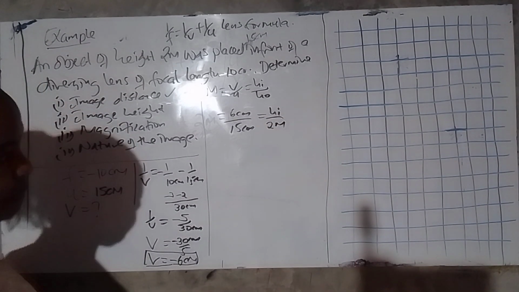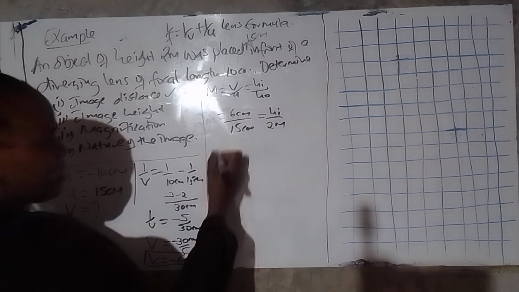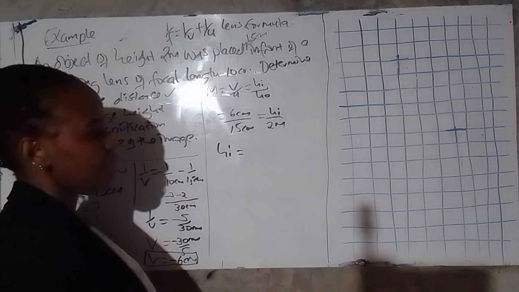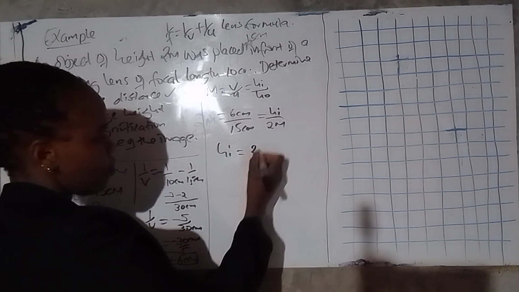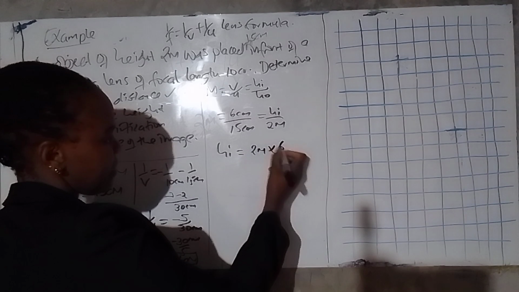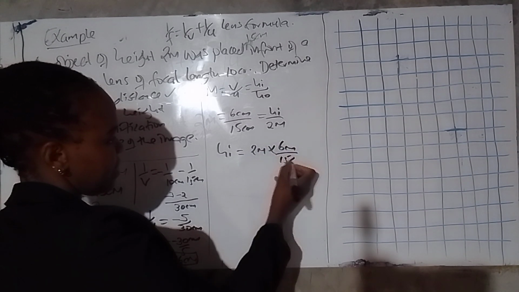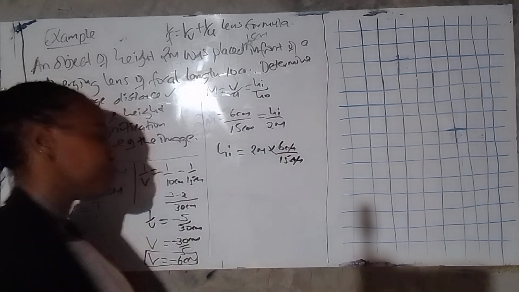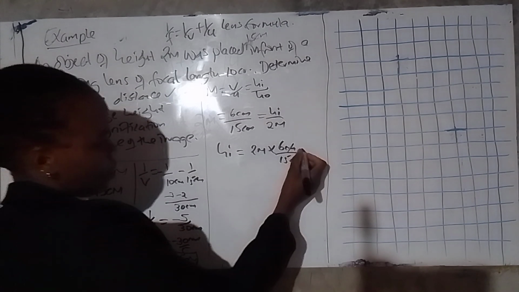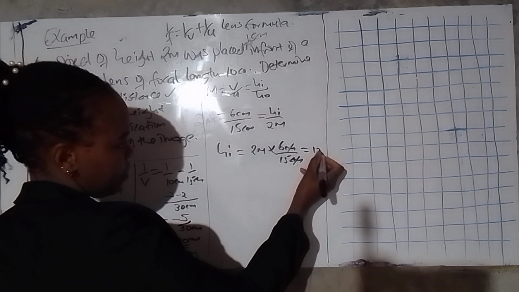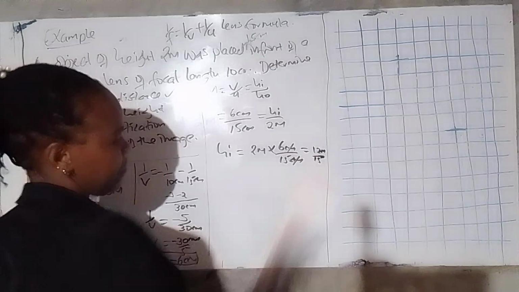2 meters, okay? So of course, to get height of image, I want to cross multiply, so that is 2 meters multiplied by 6 centimeters over 15 centimeters. So that is equal to 12 meters over 15.